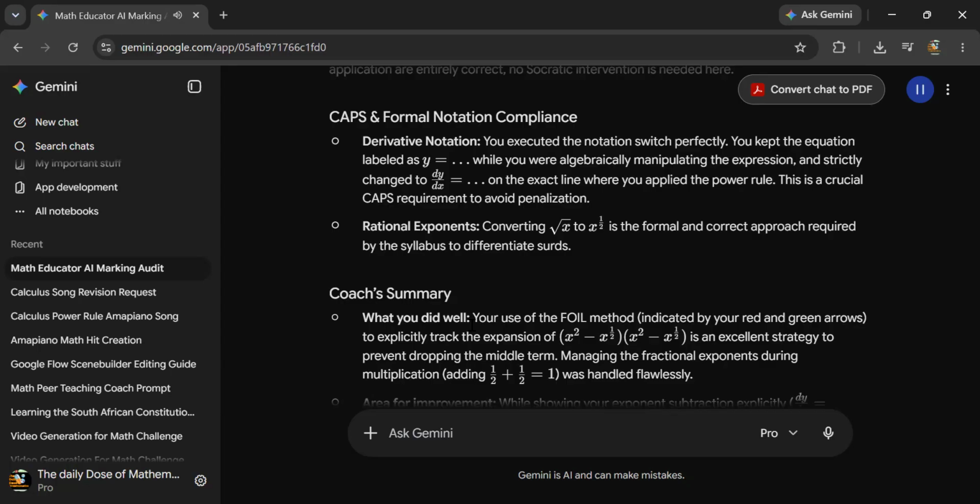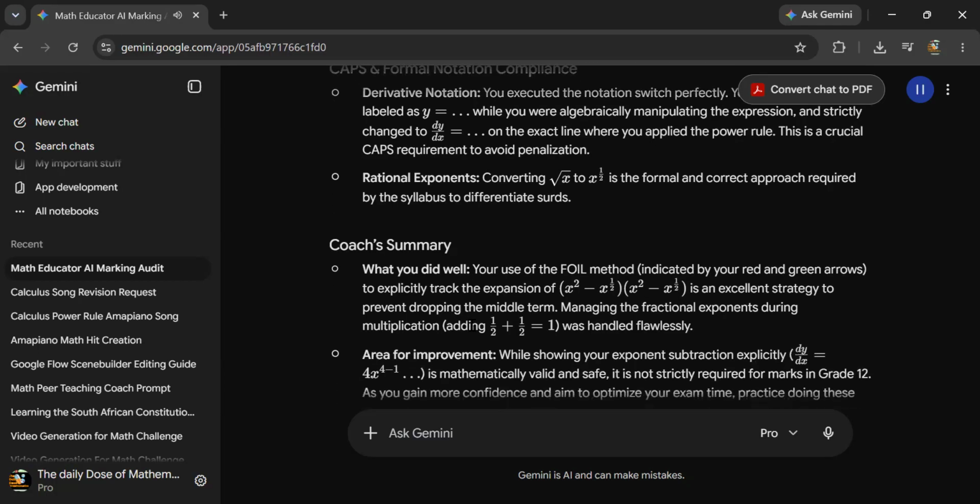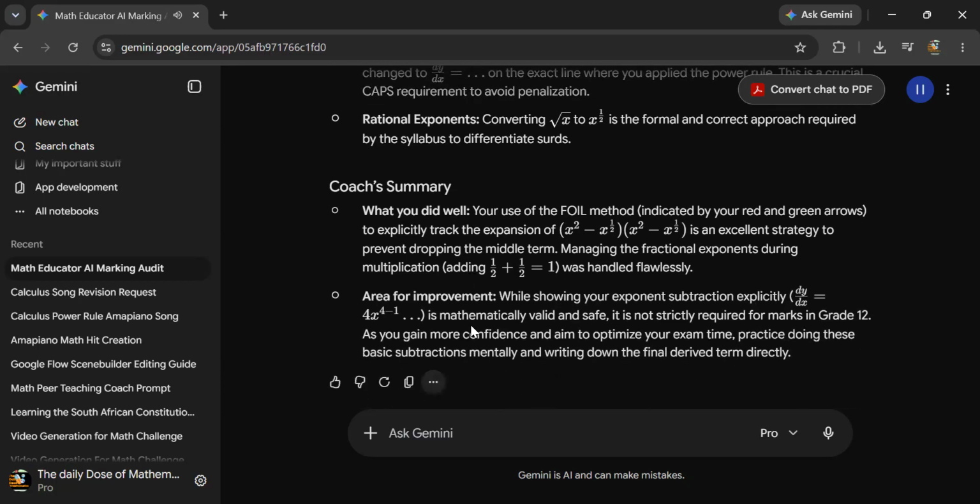Rational exponents. Converting square root of x to x to the power of 1/2 is the formal and correct approach required by the syllabus to differentiate surds. Coach's summary. What you did well. Your use of the FOIL method, indicated by your red and green arrows, to explicitly track the expansion of x squared plus x to the power of 1/2, squared, is an excellent strategy to prevent dropping the middle term.